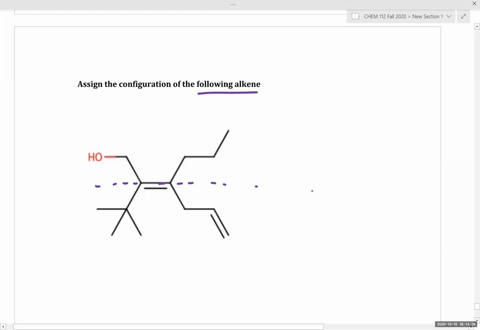So let's take about 2 to 3 minutes to work on this example, and then we'll come together as a group to discuss. I'd like to see in the chat your proposed assignments for the stereochemistry of the following alkene. And if possible, you can share your priority assignments using the annotate tool on our shared class whiteboard.